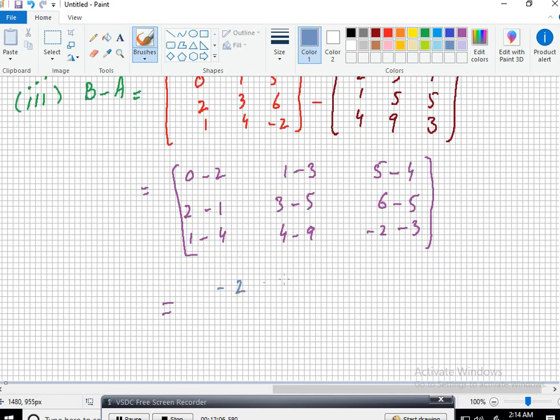This is A minus B, where B is 0, 2, 1, 1, 3, 4, 5, 6, minus 2.